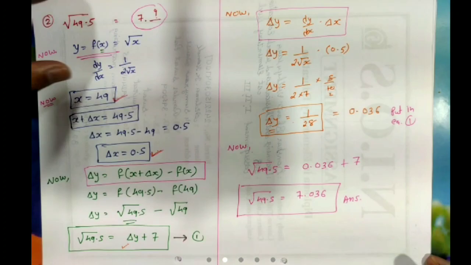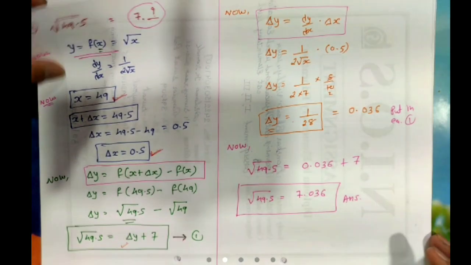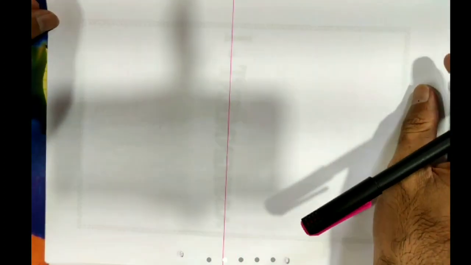Clear? So now question number 3. In question number 3 we are given: find the approximate value of square root of 0.6.